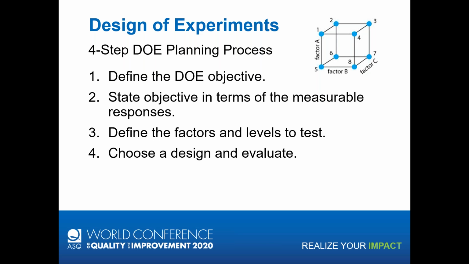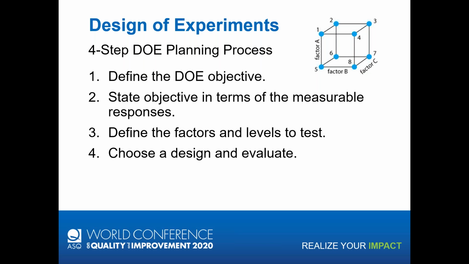Which design should I do? Well, I don't know. I need to say, what is your objective? Are you trying to find out if these factors have an effect? Are you trying to fully characterize the interactions? Are you trying to get curvature? You know, you have to spell that out a little bit. So we write down our objective.